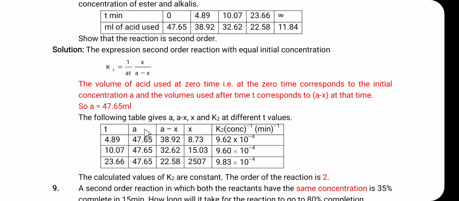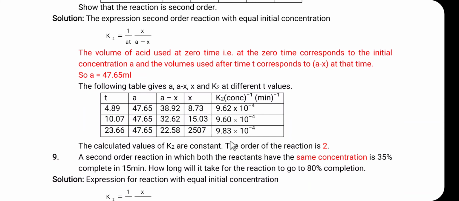So, from the A and A minus x values, we can find out the value of x. In the table, in the first column there is the time, in the second column the initial concentration, in the third column the concentration of the reactant after time t, and in the fourth column the value of x. By substituting all these values in this expression, we can calculate the value of K2, and these are the 3 K2 values.